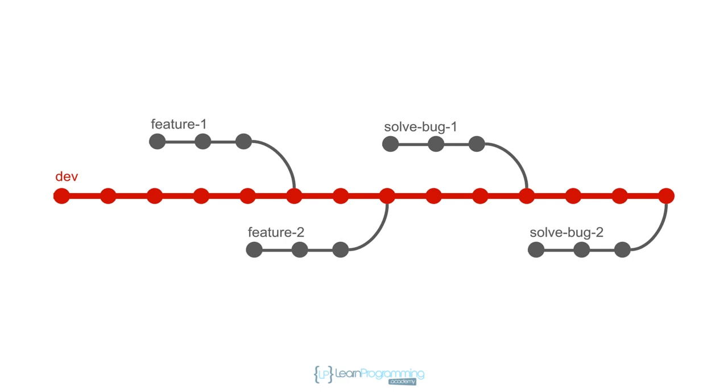For example, feature 1 and feature 2, each of which contain their own commits, and only when they are ready are they merged into the dev branch. And the same goes for branches that solve a particular bug, bug 1, bug 2, and so on.